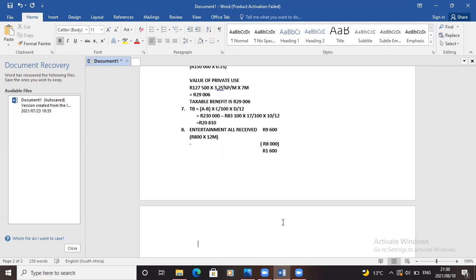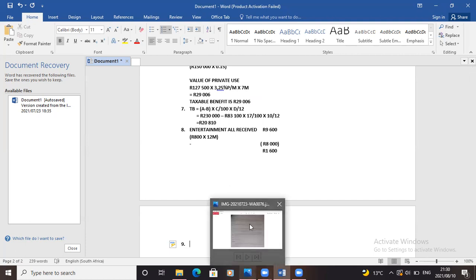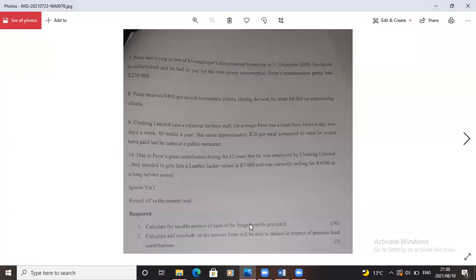If you receive 800 per month, for a year you get 9,600. Then during the year, he only incurred entertainment expenses equal to 8,000. It means that 1,600 he has spent, we must tax him on it. I hope there is no question. If there is, please let it come.